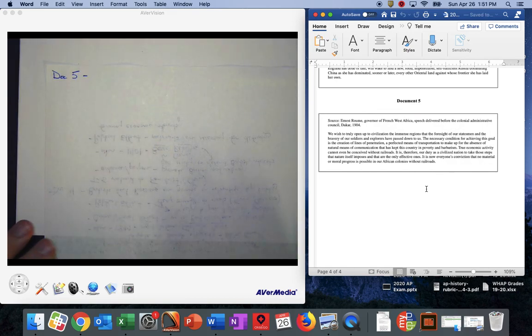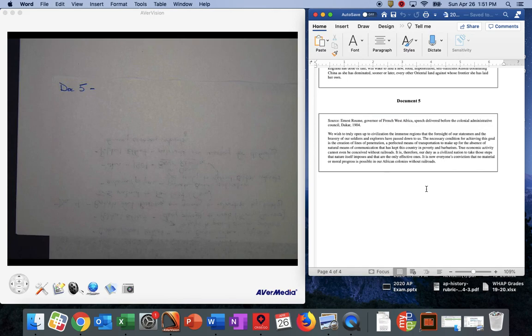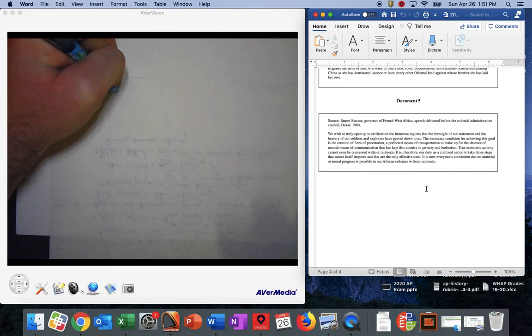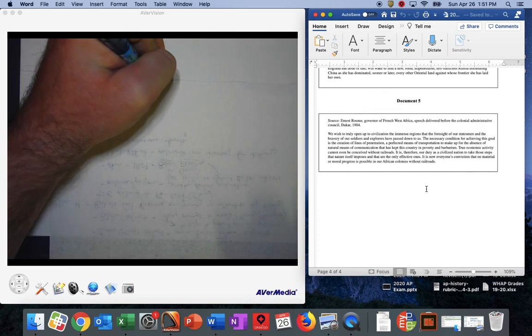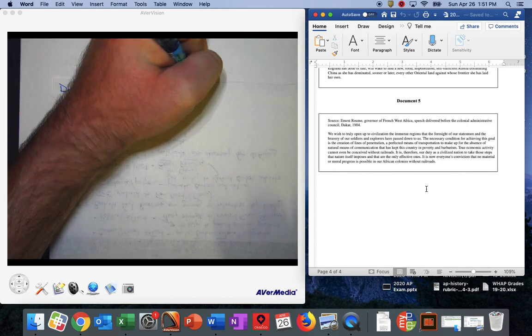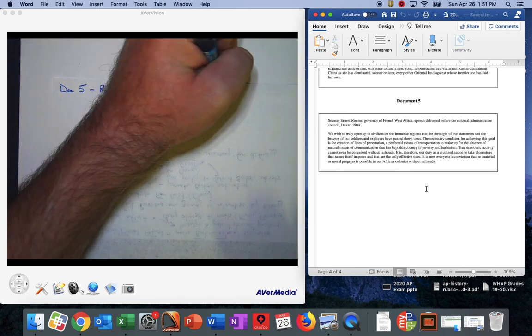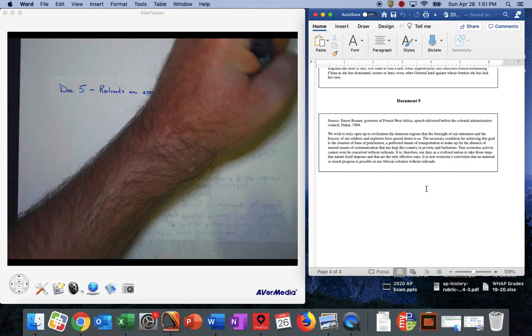Document 5 is from another imperial power. So we've heard from the British, we've heard from the Ottomans, and now we're going to hear from the French. So this document basically says that railroads are essential for exporting, quote unquote, civilization to Africa.